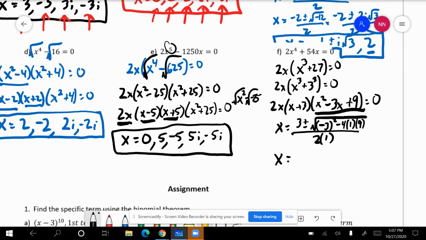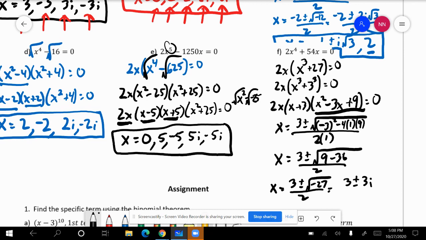That gives me x equals 3 plus or minus the square root, 9 minus 36, all over 2. x equals 3 plus or minus the square root of negative 27 over 2. And that right there, negative 27, simplifies to 3 plus or minus 3i square root of 3 over 2.